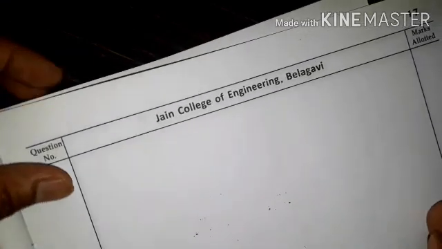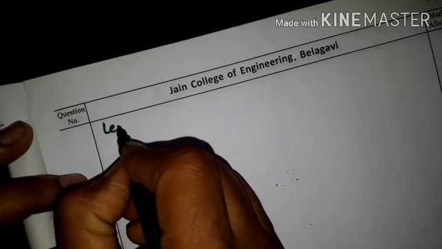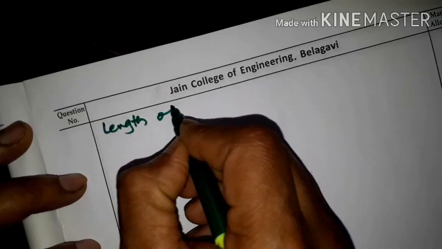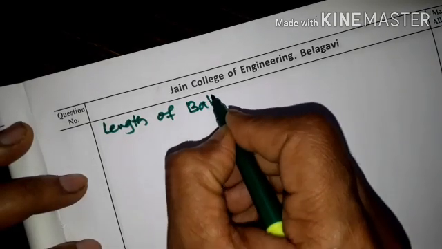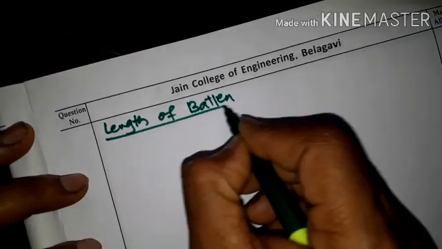Okay. Then after that, next is the length of batten plate. What should be the length?